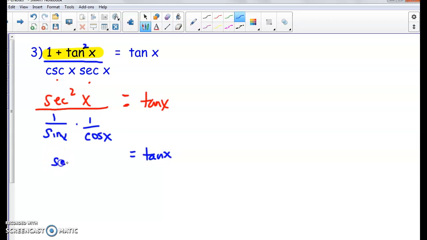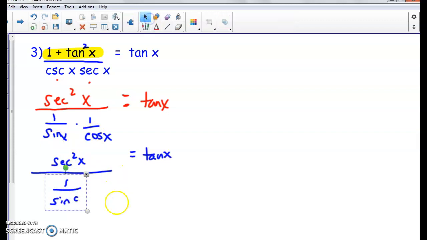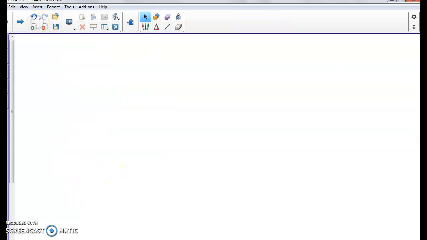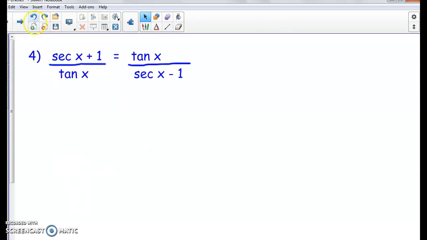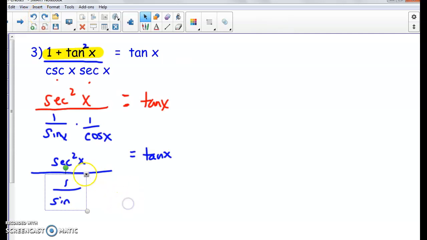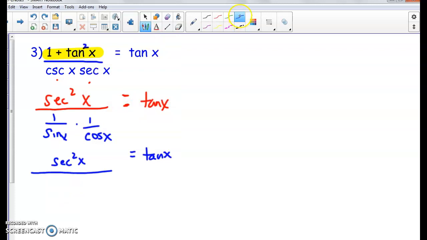On the bottom, that's going to be 1 times 1, which is 1, and sine times cosine is sine cosine. Let's try that again, sorry. So sine and cosine x.